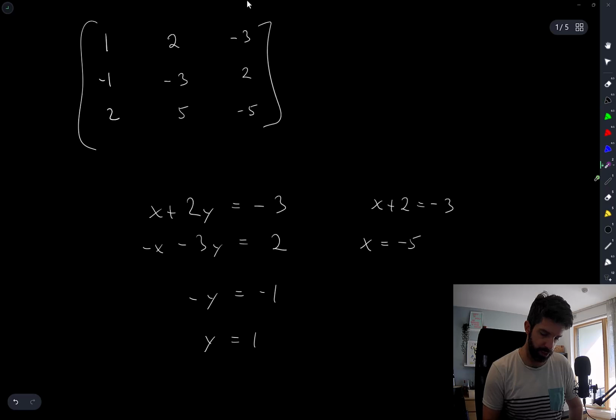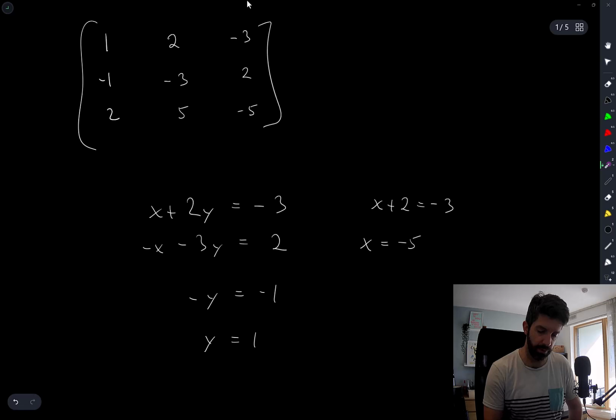Let's check. -5 plus 2 is -3, and 5 minus 3 is 2. Now let's check the third row: x is -5, plus 5, that does equal -5.